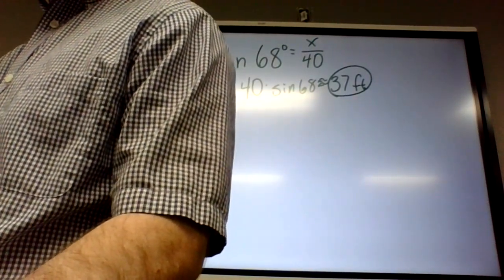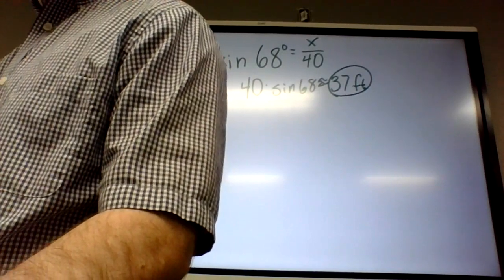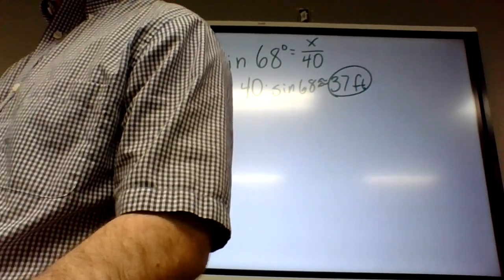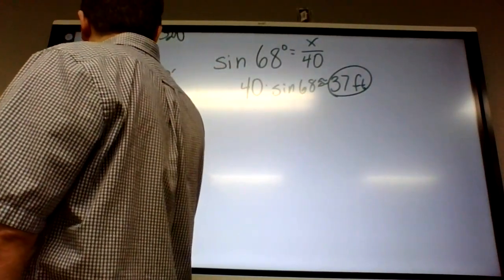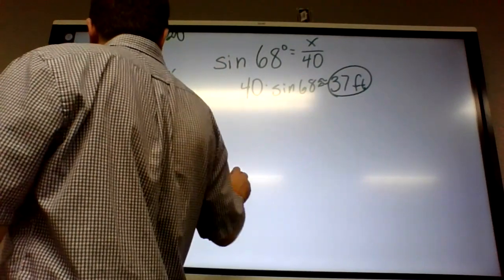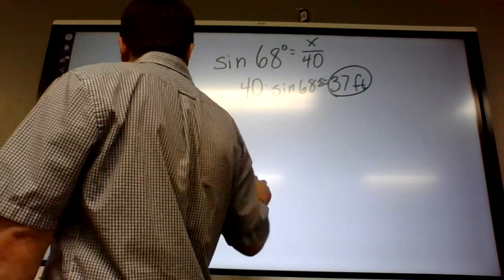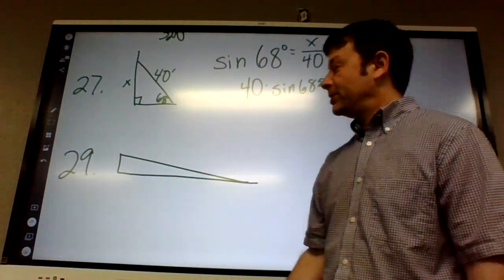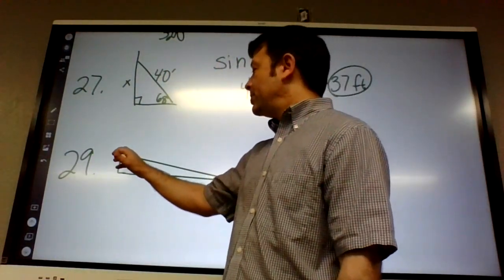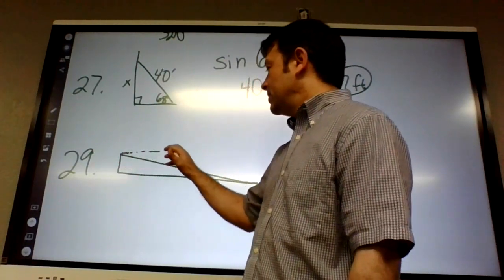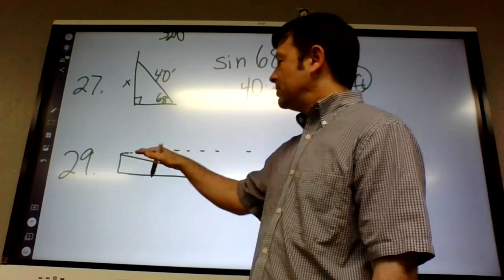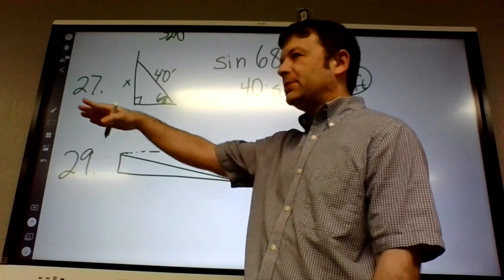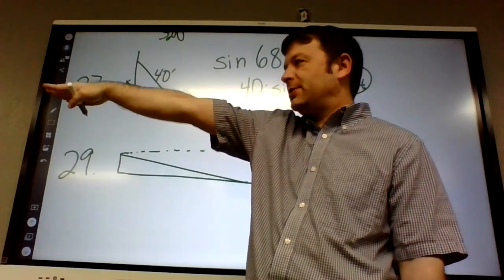Okay, 29. A stretch of whitewater rapids has a 5-degree angle of depression. You know how the riverbed sinks as it goes towards the ocean, that's what makes the water go down, right? The angle of depression is kind of a new thing. Straight ahead is 0 degrees.